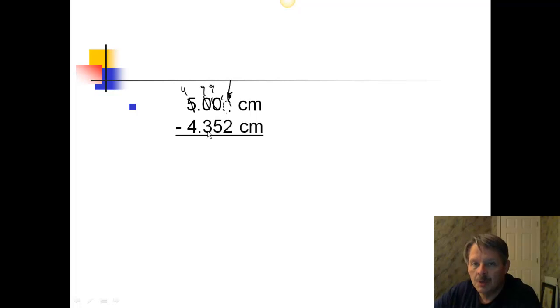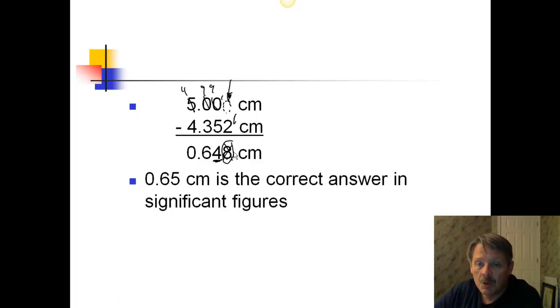So my answer is going to be 0.648. But then this number right here is going to be garbage. I can't use it. So even though I come up with 0.648, this number is really a made-up number. So I'm going to round this based on the 8, but then I'm going to get rid of the 8 because I cannot trust it. So my answer is going to be 0.65 to the right number of significant digits.